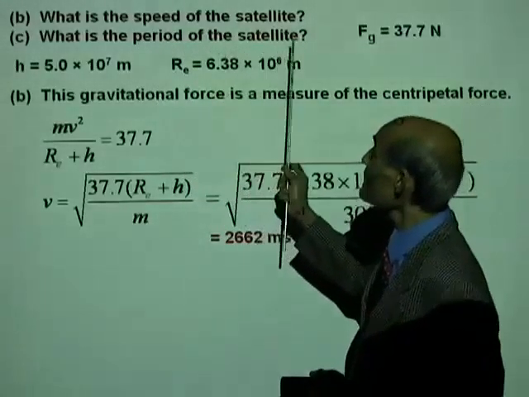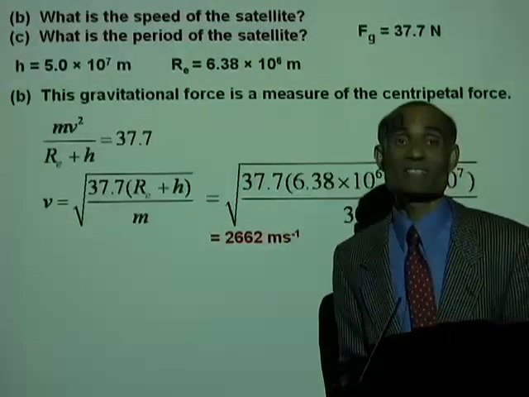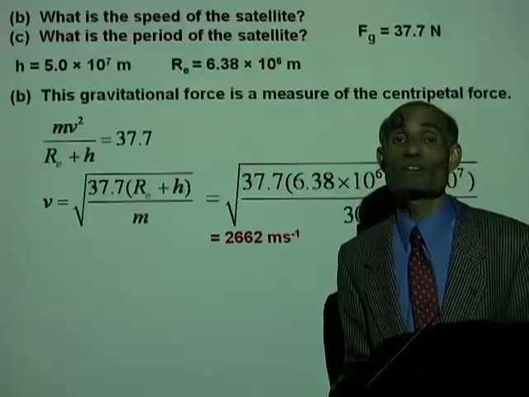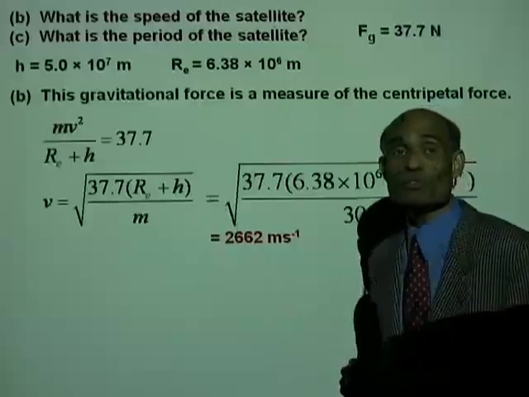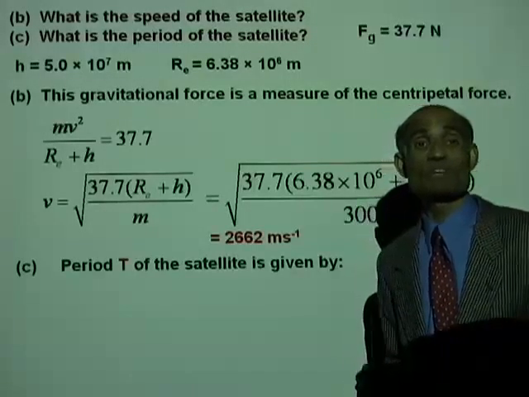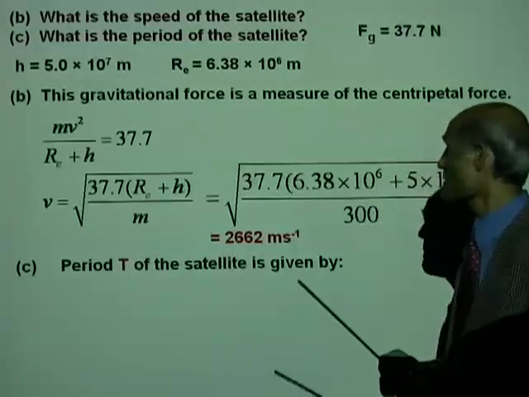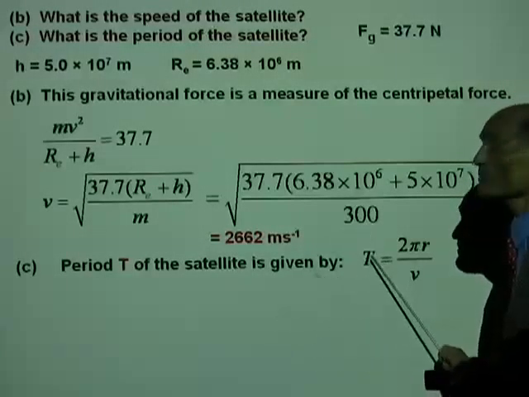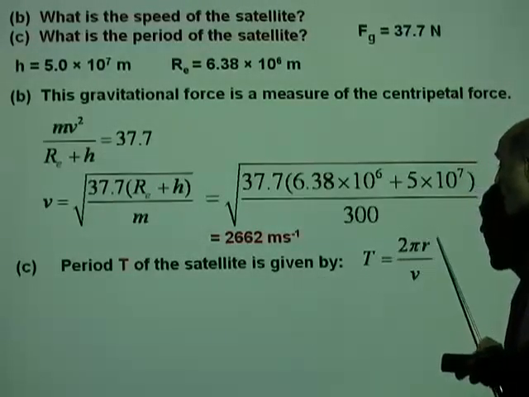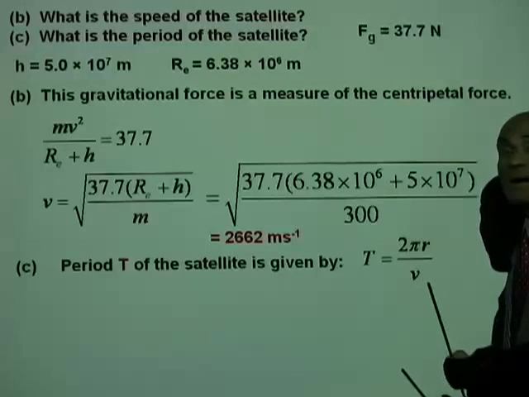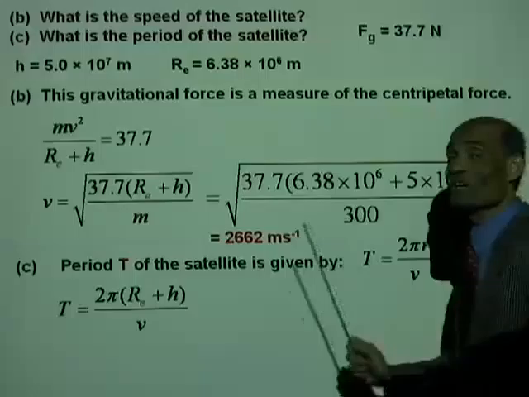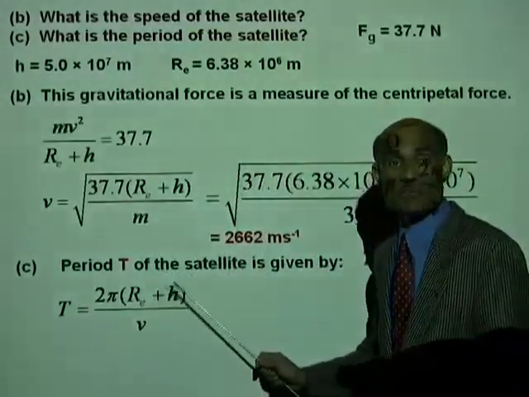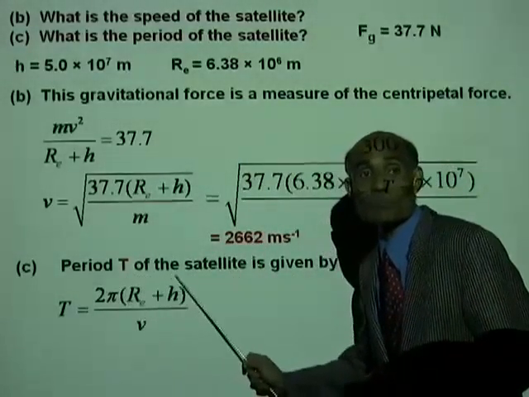What is the period of the satellite? The time taken for one revolution. Well, once you know the orbital speed, you can find the period very easily. If T is the period of the satellite, then we have T equal to 2 pi r divided by v. Well, this r, the distance of the satellite from the center of the Earth, is R E plus h.